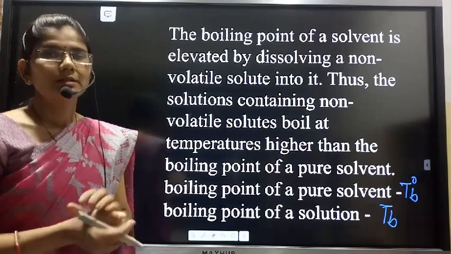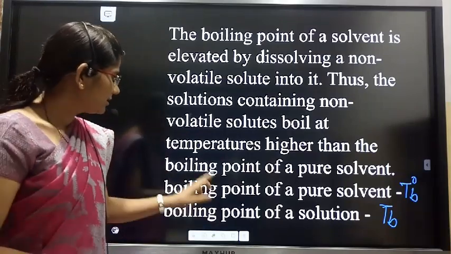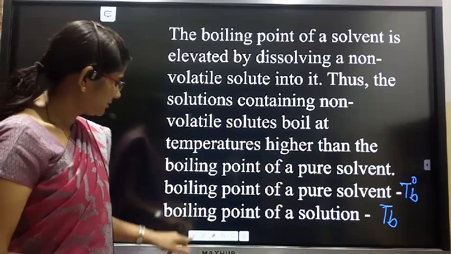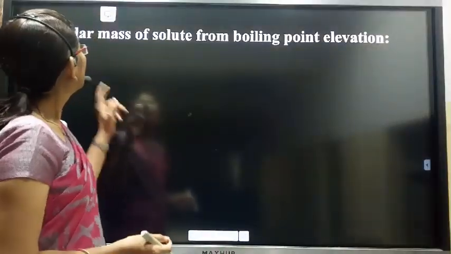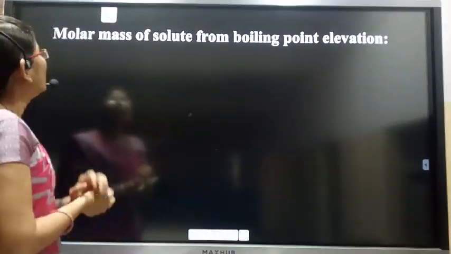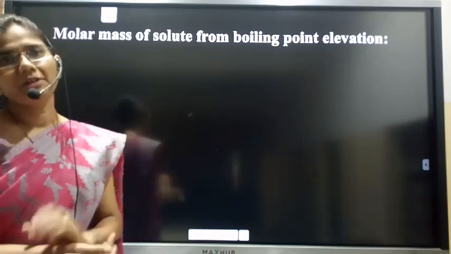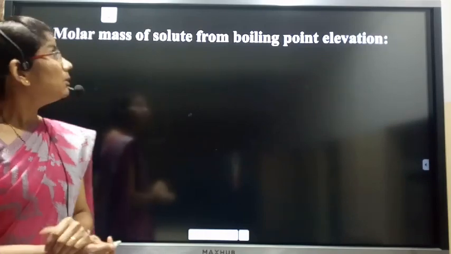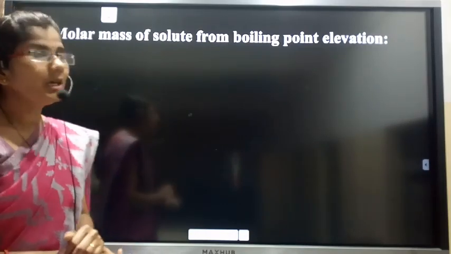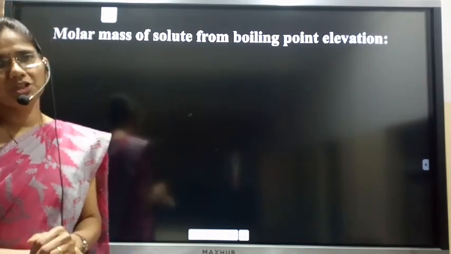So next part, how we can calculate the molar mass of the solute from the boiling point elevation.